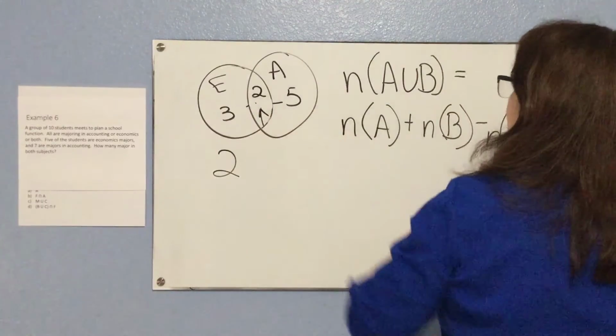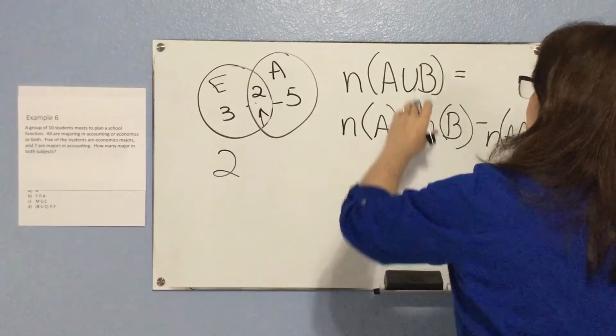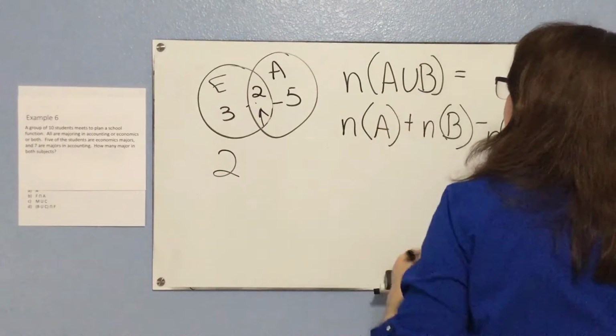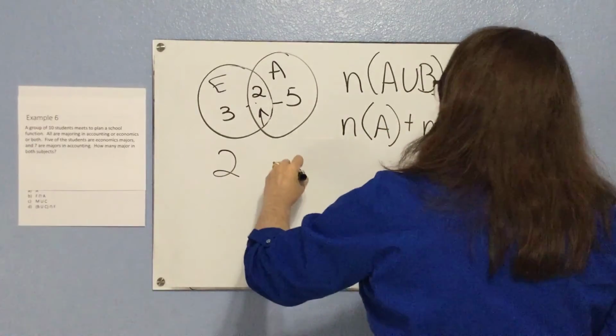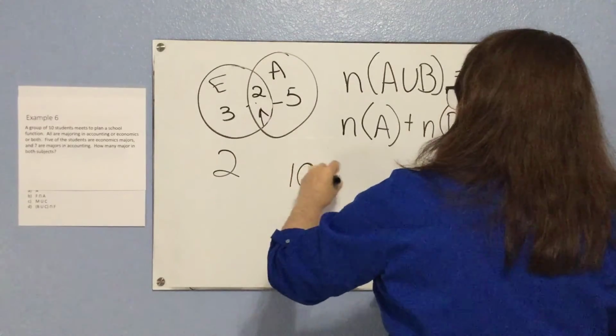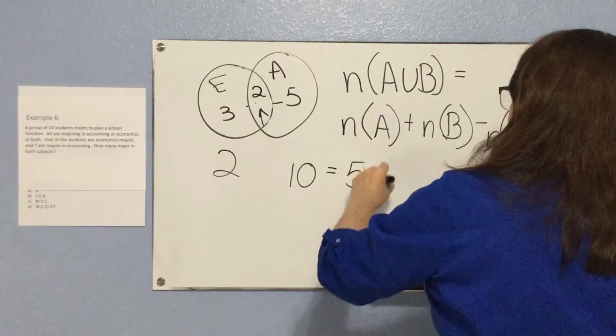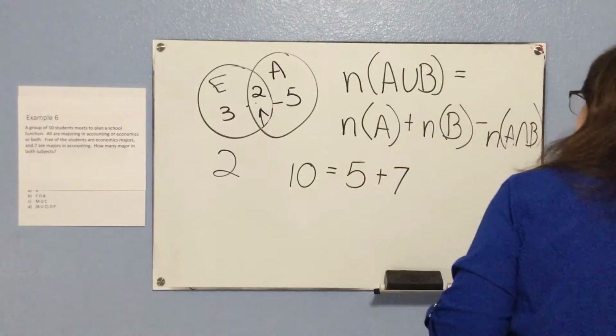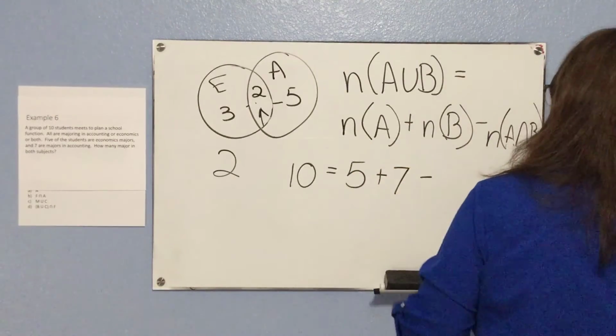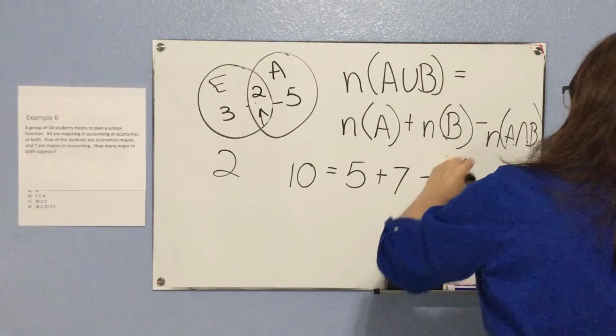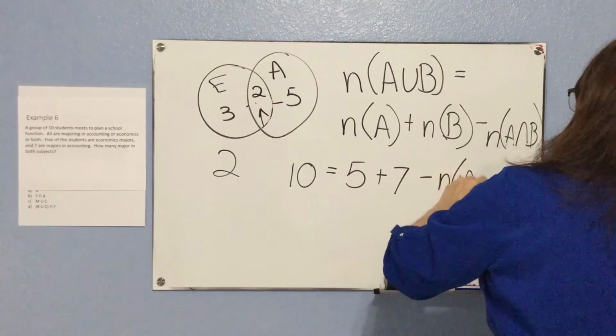Okay, in this one, we knew that A union B was a total of 10, and we knew there were 5 in A and 7 in B, minus the ones who were double majors.